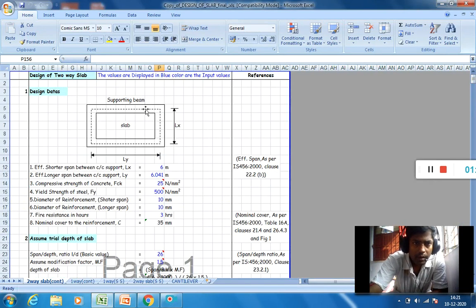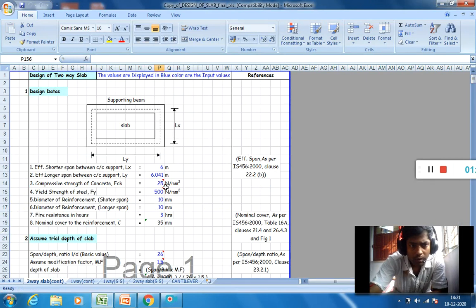You see that this is what I have prepared for the two-way slab. For the two-way slab, the computer programming is done and formulas are used, and I have prepared the design of the two-way slab. So you can also prepare. If time permits, then I will show you how the programming is made for the two-way slab or any design. You can make a general program.